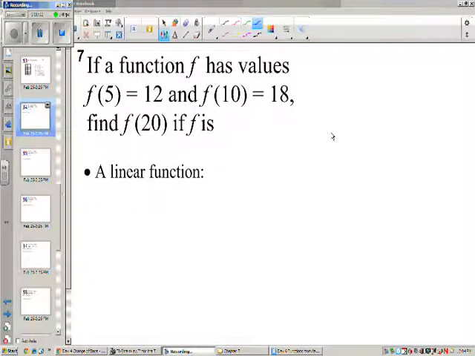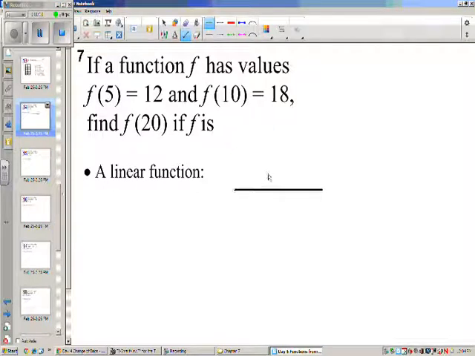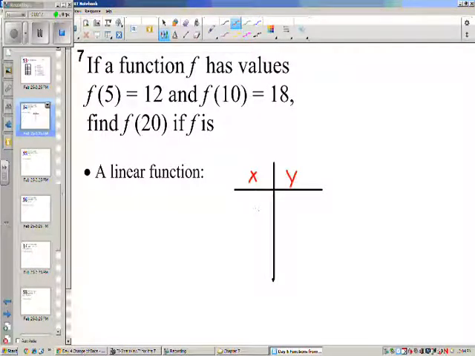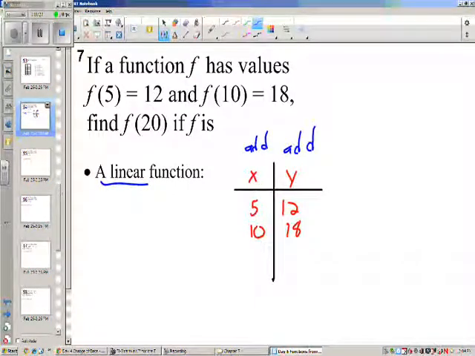If function f has the values f of 5 equals 12 and f of 10 equals 18, let's see if we can find f of 20 if f is a linear function. So I would start by making a table. We have our x values and our y values, and we know we have 5 and 12 and 10 and 18. Well, if this is a linear function, we know it has the property add, add.